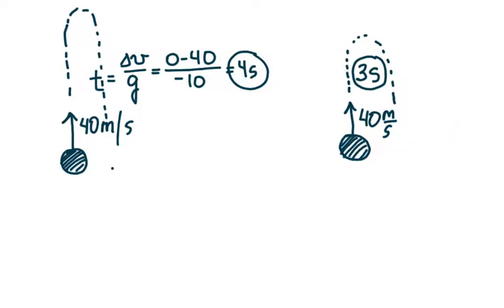It will fall with an even lower velocity. Even if it takes a longer time, it may not reach the 40 meters per second velocity, because it never got to the same height. So it never had the same potential energy to convert to kinetic energy. So the answer for this question would be: the speed at which the ball returns to the point of launch is less than the speed when it is initially launched.